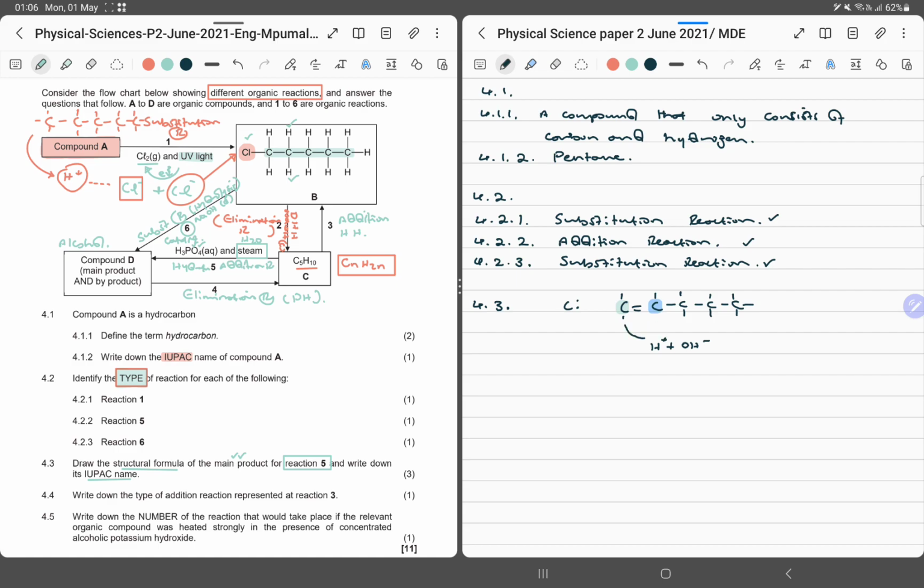This is where the hydrogen will add. And then the one that has less hydrogens will take that OH minus. All right. So basically, what do we end up with? We end up with a structure like CH3, because we're told here we must do a structural formula.